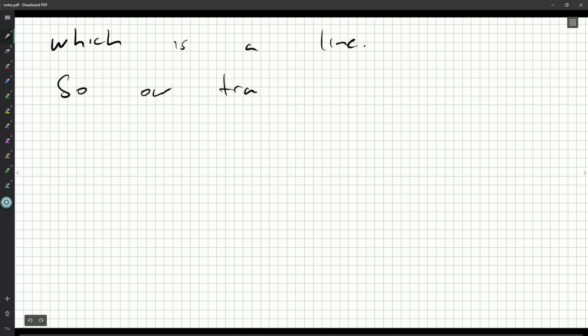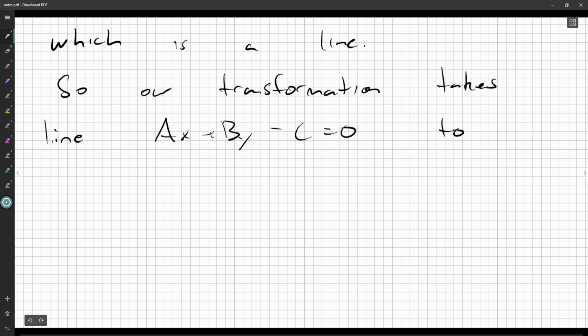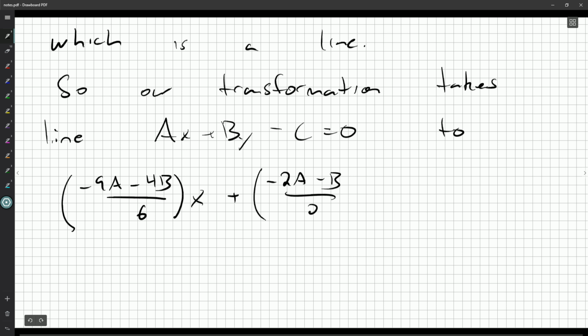So our transformation takes this nice general line to the new line: minus 9a minus 4b over 6 x, plus minus 2a minus b over 3 y, minus c equals 0.